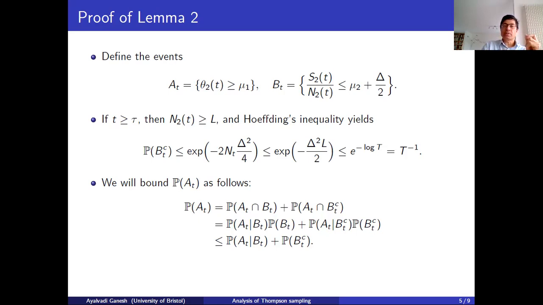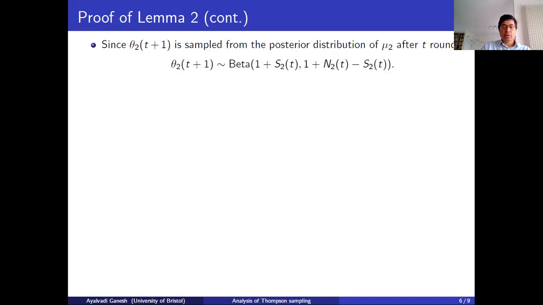And so the sample is picking something out in the tail of the posterior. So the only way AT can happen if we condition on BT is that when sampling from the posterior, we see something unusually far in the tail. And we want to bound the probability of that event. So that's what we are going to do next.